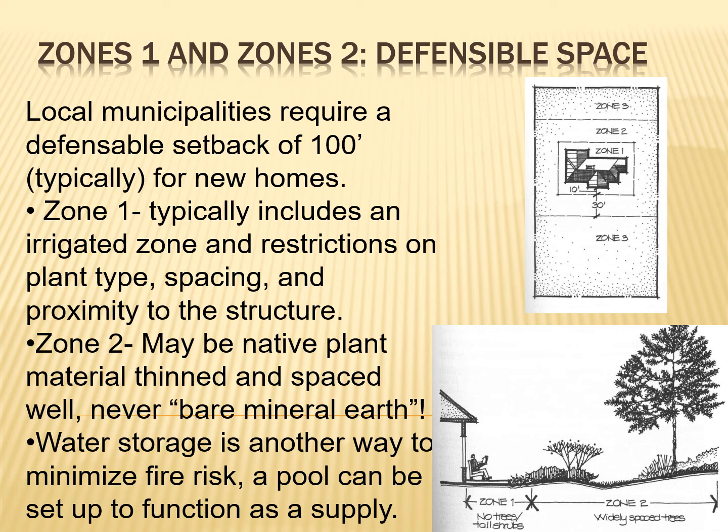And then zone 2 doesn't necessarily have to be irrigated in most codes. Again, they vary from city to city, but it does require thinning of plant material, whether it's native or horticultural, and never reducing down to bare mineral earth, which a lot of people think they're protecting from fire by doing that, but that is not a good strategy. Primarily because the invasive grasses move in, and then you have a very flashy fuel that actually exacerbates fire, and you can have slope slippage, which is another problem.